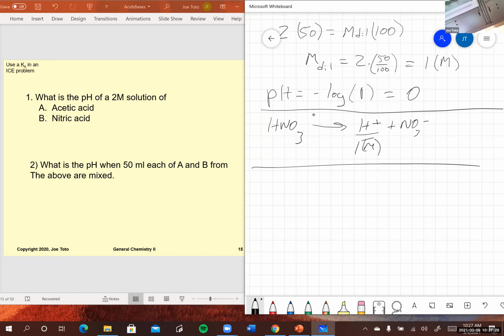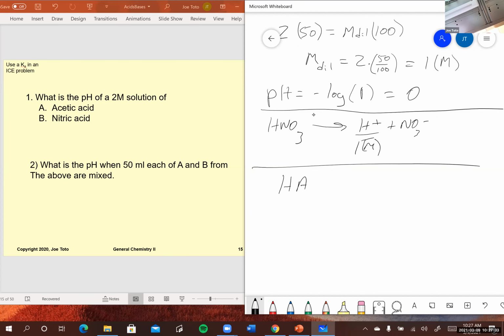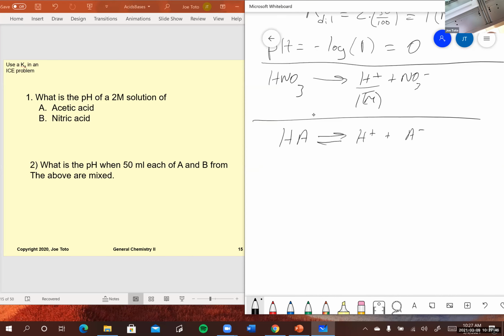Now, the weak acid, the acetic acid, HA, is in equilibrium with H plus and A minus. If I set up an ice table for this, it would look something like this. And check it out and correct me if I'm wrong.